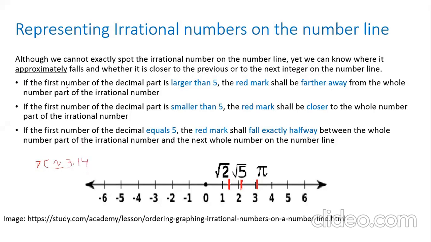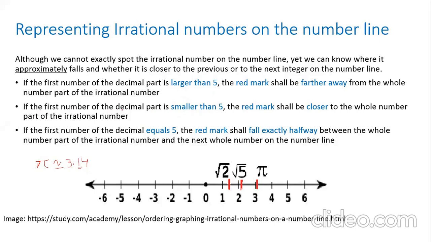Now we look at the first number of the decimal part. Here we have 1, and we see if this number is larger than 5, smaller than 5, or equal to 5. In this case, we have 1, so it's smaller than 5, so we take the second case.